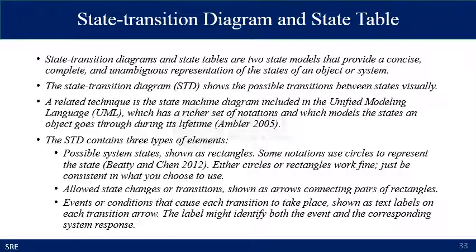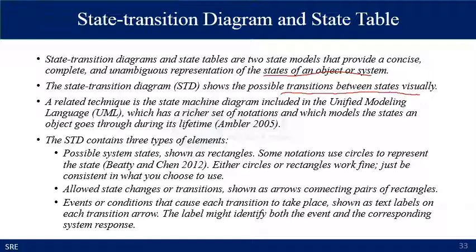State transition diagrams and state tables are two state models that provide a concise, complete, and unambiguous way to represent the state of an object or a system. It shows the possible transitions between the states visually, and it can be represented using the unified modeling language.